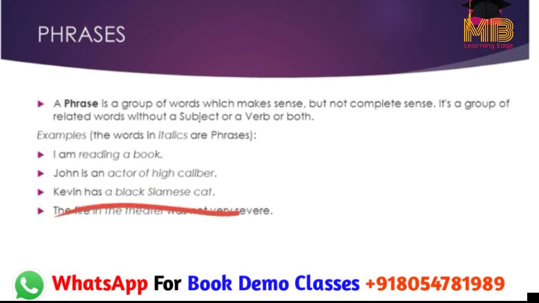Kevin has a black Siamese cat. So, black Siamese cat in itself is just a phrase, but when you say Kevin has, that means it belongs to that person. The fire in the heater was not very severe.